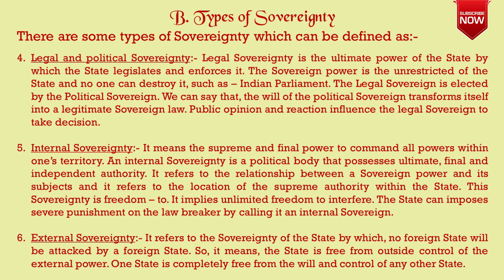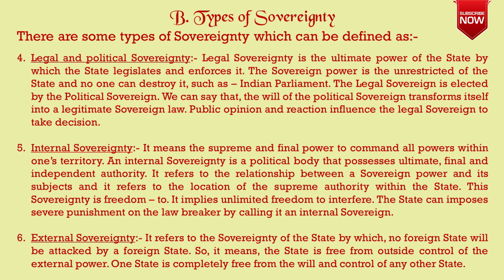It refers to the relationship between a sovereign power and its subjects, and it refers to the location of the supreme authority within the state. This sovereignty is freedom too. It implies unlimited freedom to interfere. The state can impose severe punishment on the lawbreaker by calling itself an internal sovereign.